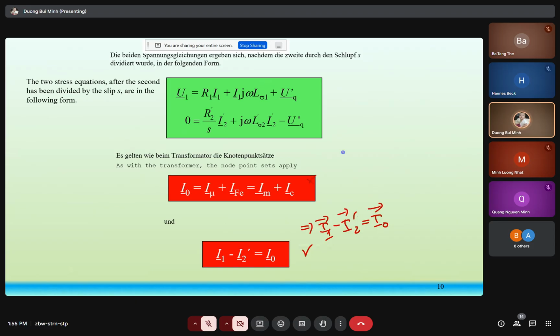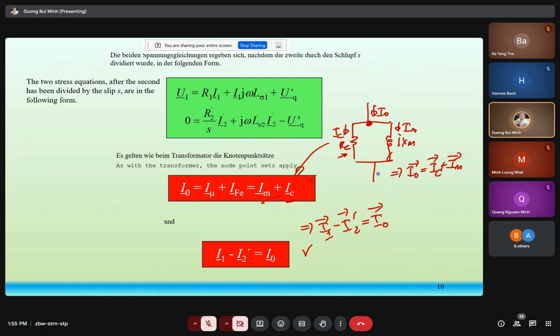We forgot this one. Here we have RC and then we have jXM. So this is I0, this is IC, and this is IM. Sometimes we consider RC. So if we consider this node, we have I0 equals IC plus IM.